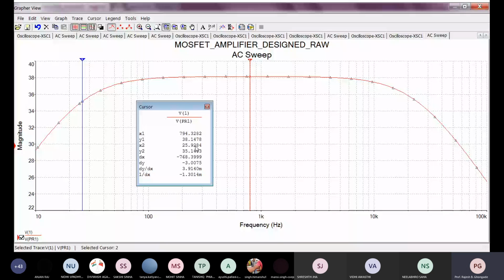Okay. Now what about the upper cutoff frequency? I have to move this all the way, just watch out for this Y2. Y2 has to be 35.14. So I'll approximately go over there, 35.14.